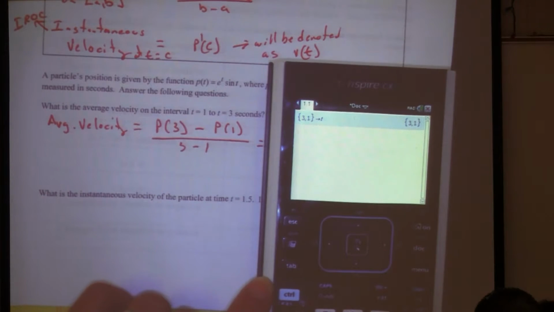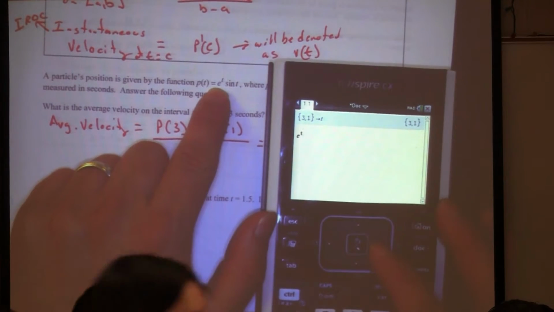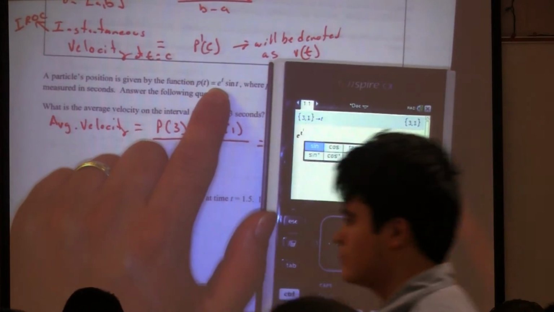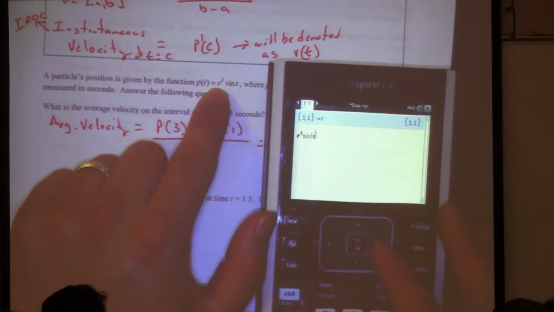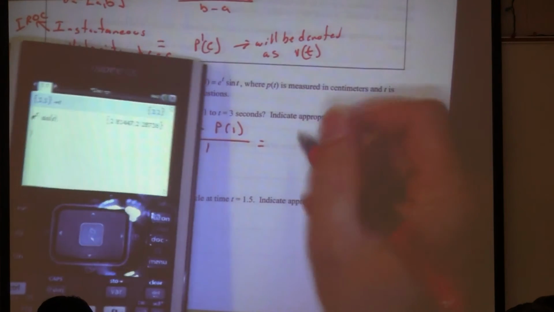So I'm storing them for the letter T since that's the one that you're using. So e to the T times sine of T, enter, and do we get the values? Bam, I get both of them real quick, I don't have to type each one in, right? So let's subtract them.